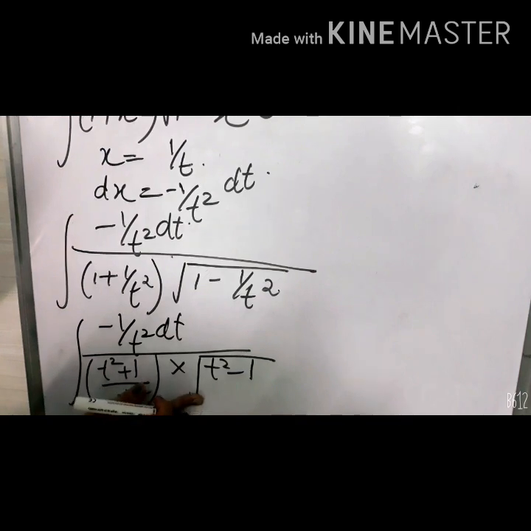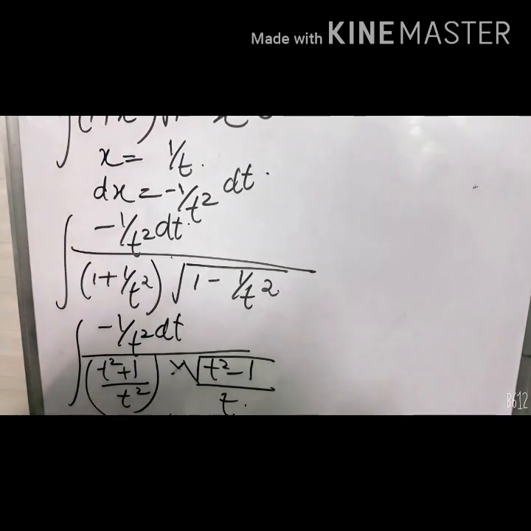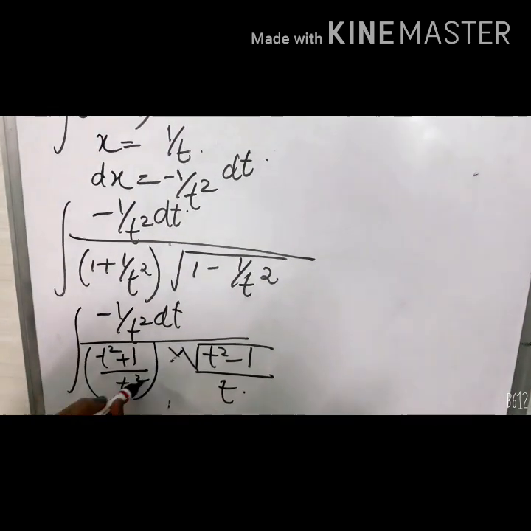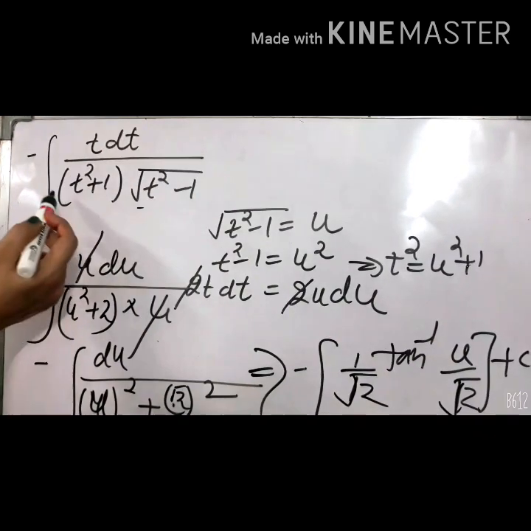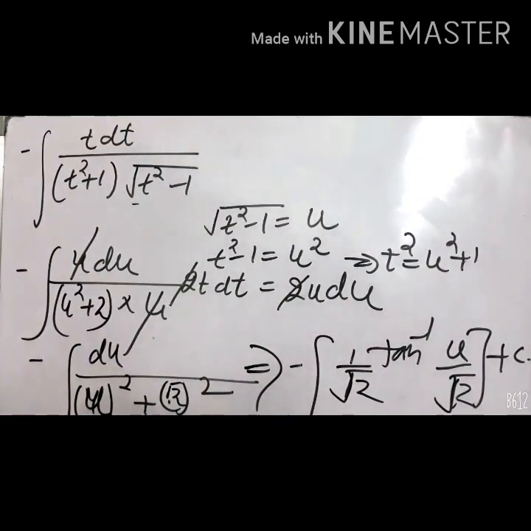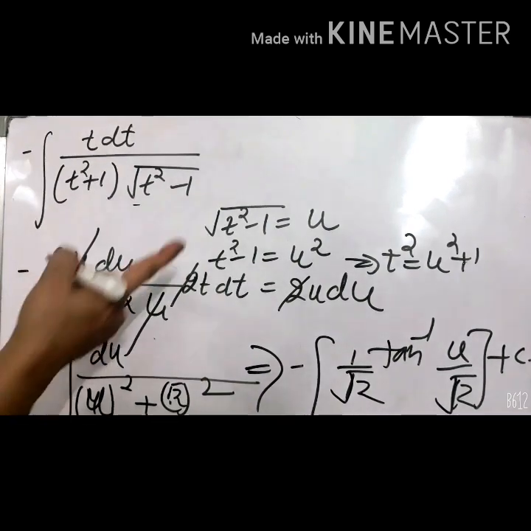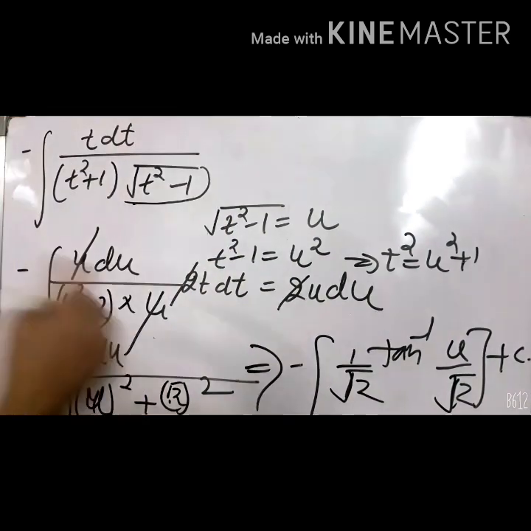I'm keeping this square root short and the t will come out. Got it? This t square and this t square got cancelled. Minus t dt by t square plus 1 under root of t square minus 1. I told you before starting the question that you need to substitute 2 times. So here now we will substitute this value.